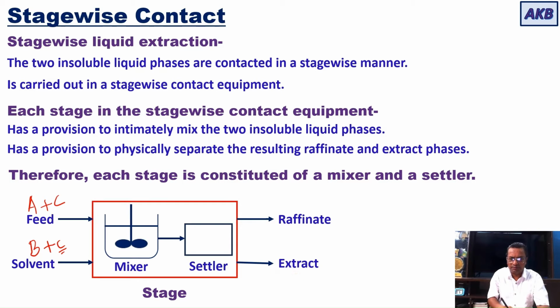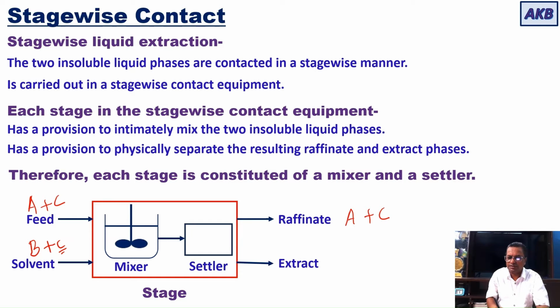Now, in the case that we are discussing today, where A and B are not at all soluble in each other, the meaning is that all A that enters along with the feed will remain in the raffinate phase. So the raffinate phase will contain A and unextracted C. Whereas all B that enters along with the solvent will remain in the extract phase.